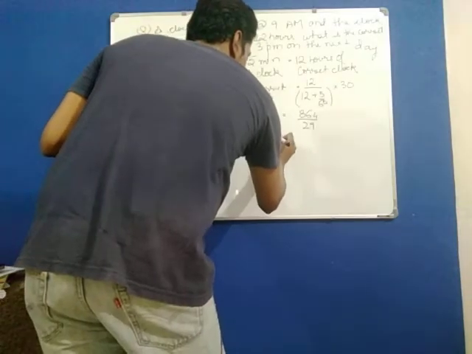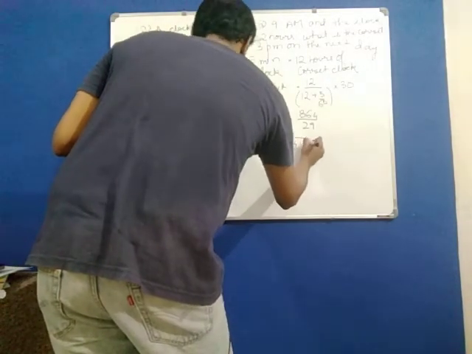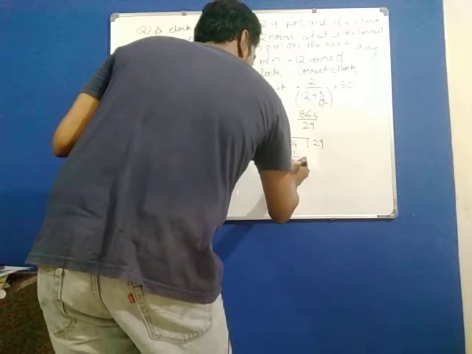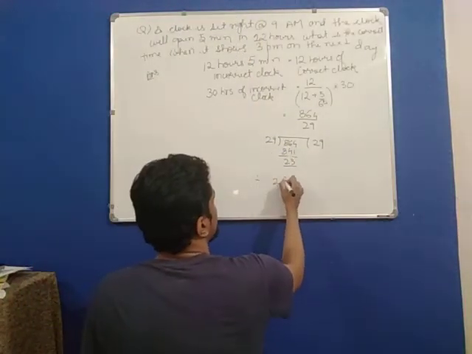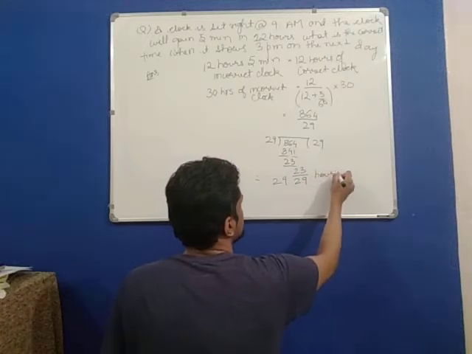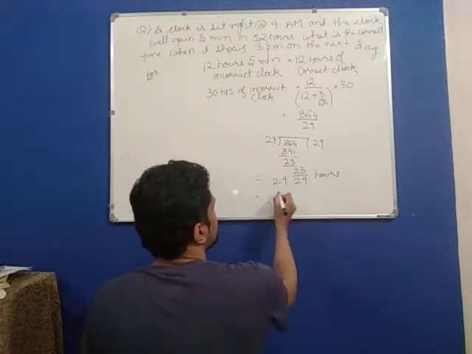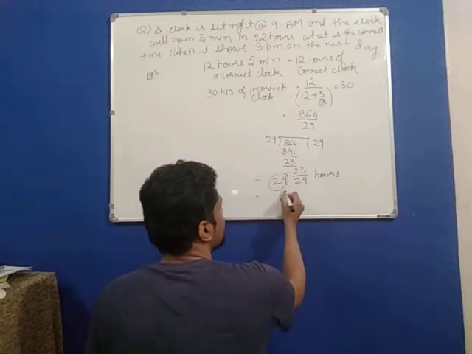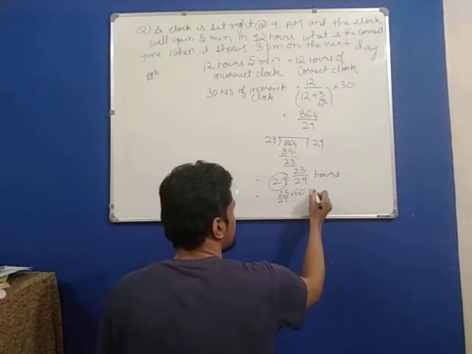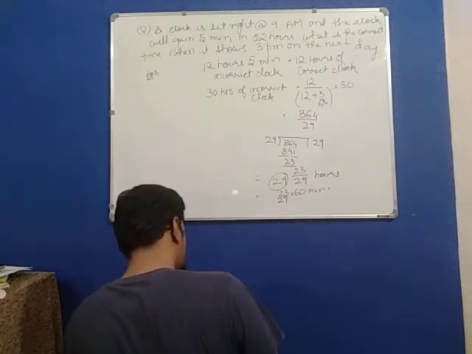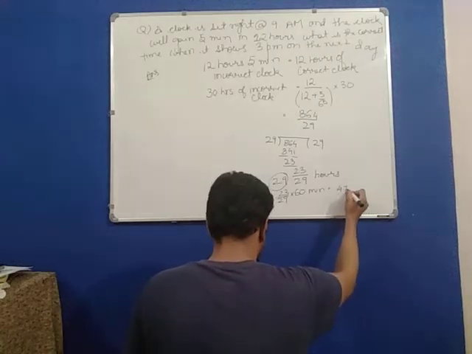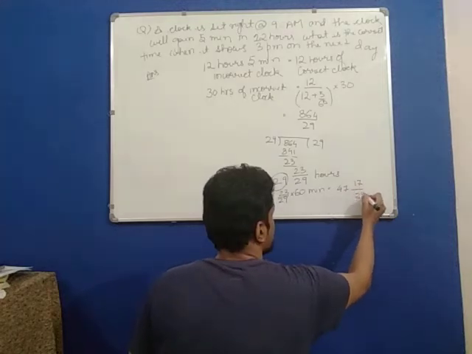Now, if we divide 864 by 29, then we will get 29 complete hours and 23 by 29 hours. 23 by 29 hours is nothing but 23 by 29 into 60 minutes, which will come out to be equal to 47, 17 by 29 minutes.